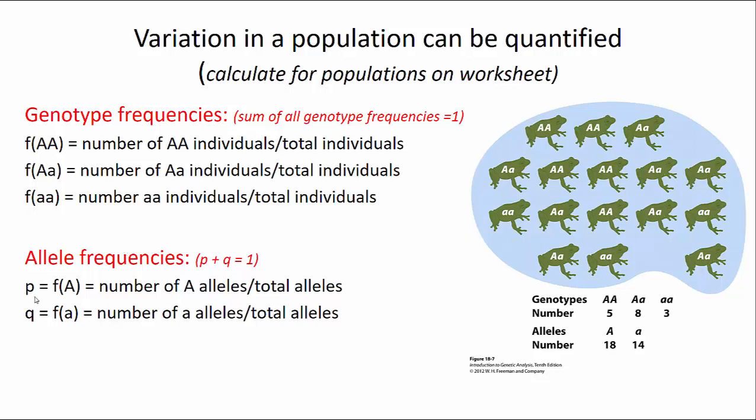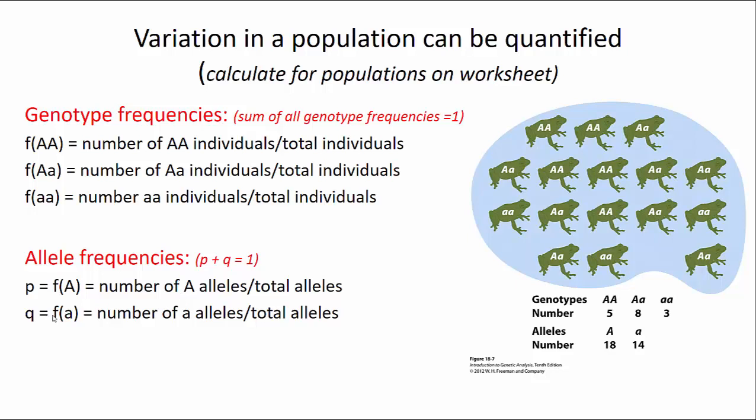So, for example, to find the frequency of big A in this population, we would count up the number of big A alleles. These top individuals: this one has 2, there's 3, 4, there's 5, etc. These are already counted up for you. There are actually 18 big A alleles in that entire population. To determine the frequency of the big A allele, we would divide that by the total number of alleles, which is 32 in this case.